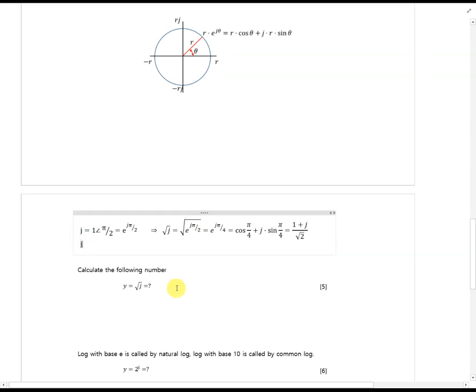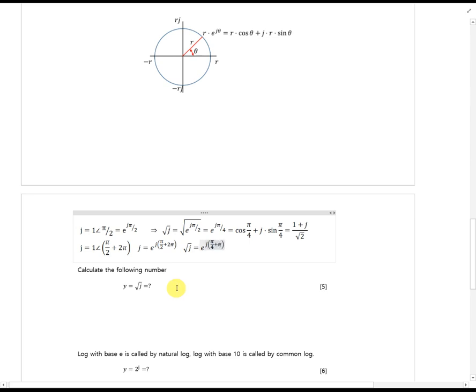But what if we take j with the angle pi over 2 plus 2 pi? In this case, a different result is given. j equals e to the j pi over 2 plus 2 pi, then the square root of j is e to the j pi over 4 plus pi.